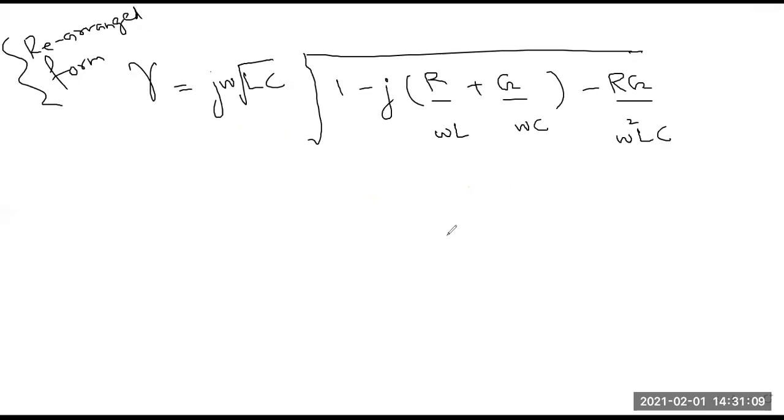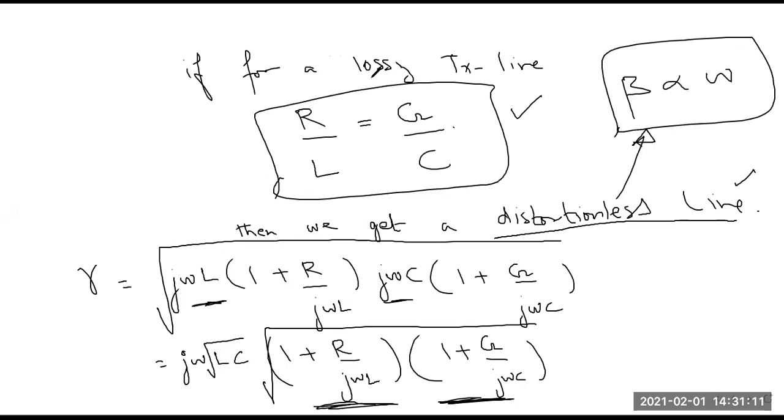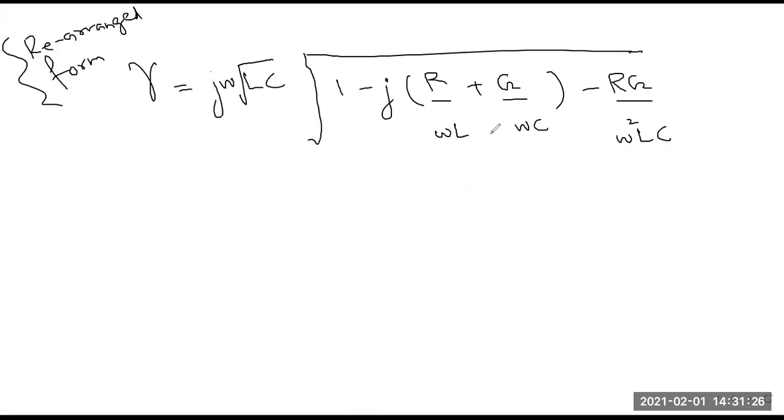Okay. Now let me put this condition. If we design a transmission line which is lossy, but in such a manner that the ratio of R by L is equal to G by C, let's put this condition. I'm going to replace G by C by R by L because they are equal.